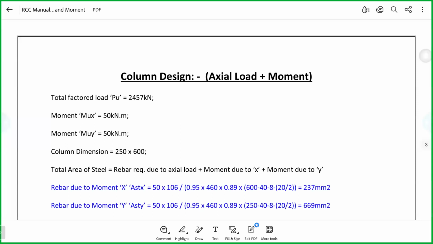Biaxial moment is more critical than the axial moment. We don't want to directly take the moment as a manual calculation. We want you to understand how you calculate when there is no moment, and when there is a moment, how you calculate the column capacity. You get my point.